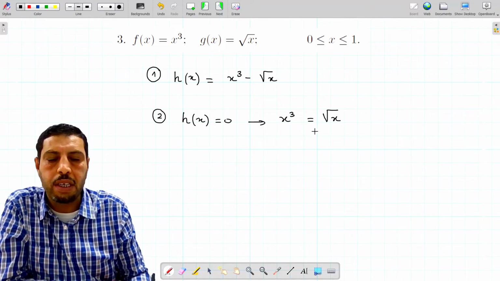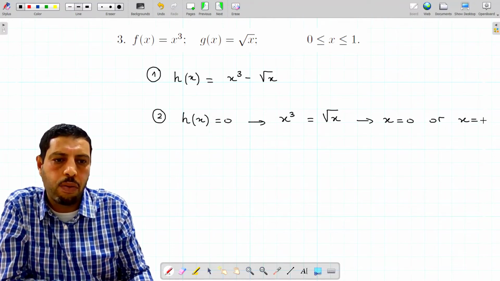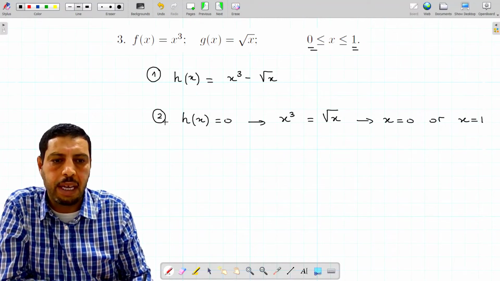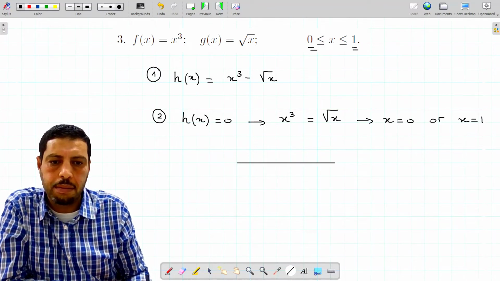And the solutions of this equation are x equals 0 or x equals 1, which are our bounds here of our interval. So let's put our interval 0, 1.